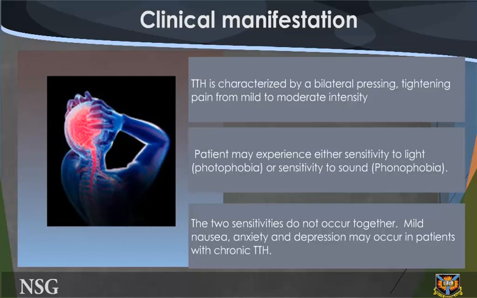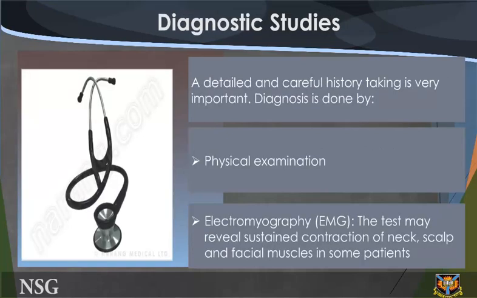Mild nausea, anxiety, and depression may occur in patients with chronic TTH. Diagnostic studies. A detailed and careful history taking is very important. Diagnosis is done by physical examination, electromyography, EMG. The test may reveal sustained contraction of neck, scalp, and facial muscles in some patients.